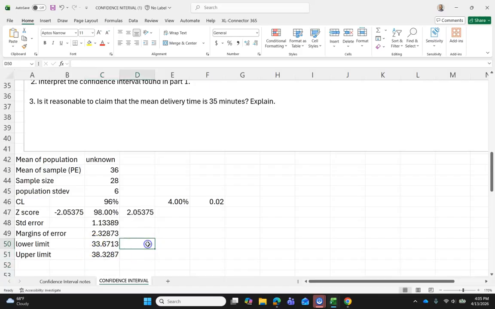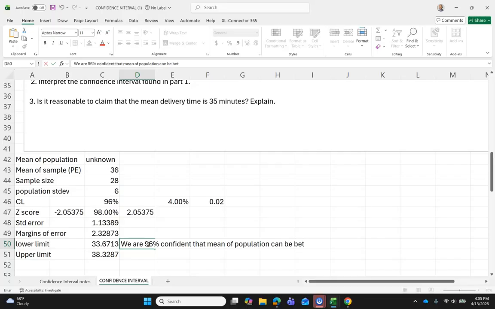So how do we express this? We can say that we are 96% confident that the mean of the population can be between 33.67 and 38.33.